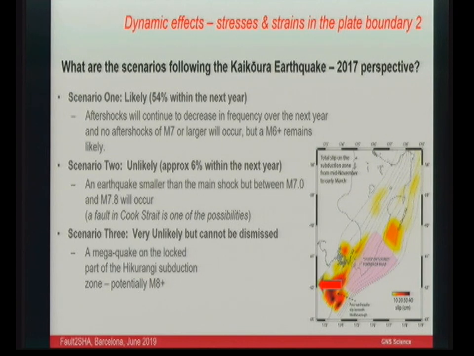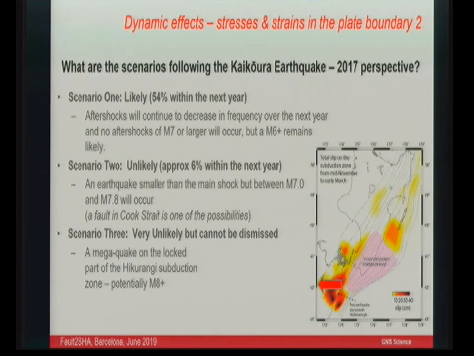Scenario 2, thought to be unlikely within the year, was that maybe at this hold point here, we were going to have some triggering, a long strike triggering into those faults in the Cook Strait area, some of which are capable of reverse and strike-slip motion, and as we saw earlier, with possibilities of tsunami with very short travel times into places like Wellington.